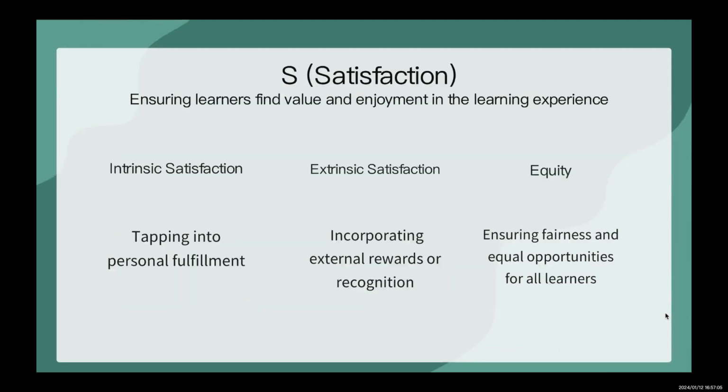Okay, next one, we will learn the last component of this model, S. S is satisfaction, right? Satisfaction means ensuring learners find value and enjoyment in the learning experience. The first one is intrinsic satisfaction.